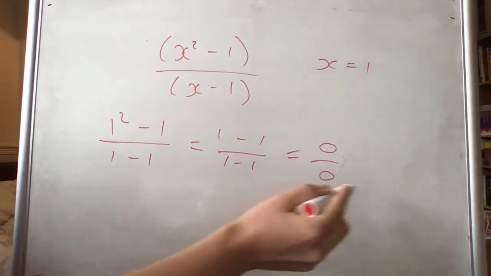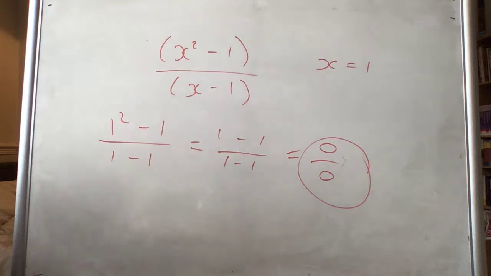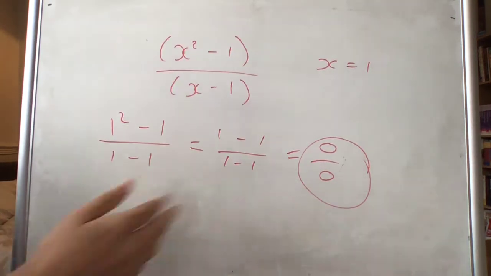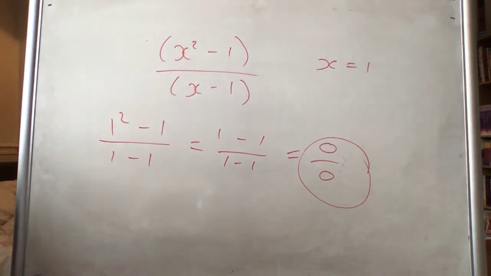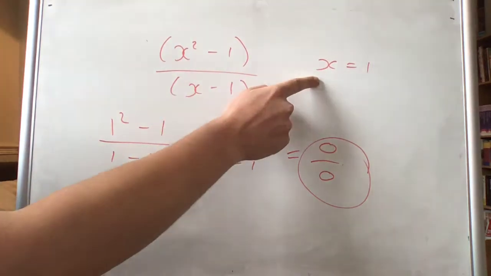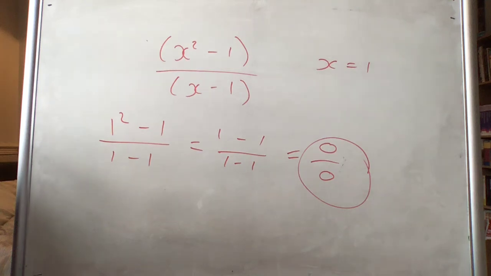Now, this is a problem, okay? We don't actually know what this value is going to be. It's indeterminate. So we need another way of trying to answer this question. So instead of trying to work out for x equals 1, why not try answering for x as it approaches 1?